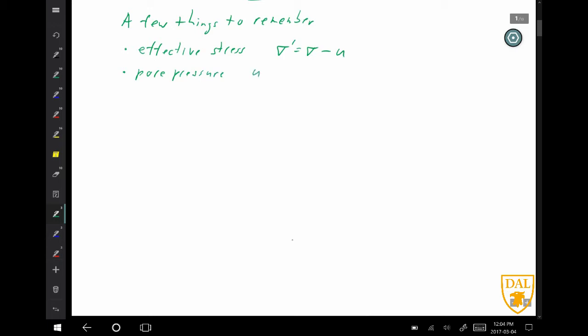It is comprised of a static component, basically due to its location below the water table or phreatic surface, and the excess pore pressure, which is the pore pressure that is built up in the soil due to changes in loading. And that is the pore pressure component that dissipates during consolidation. So you might have to have a little look at your consolidation notes.